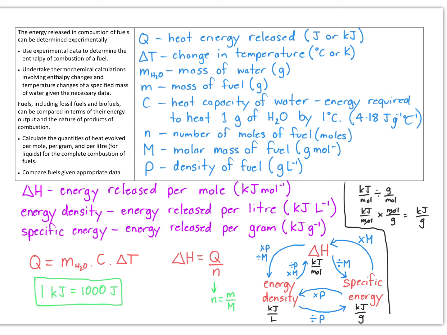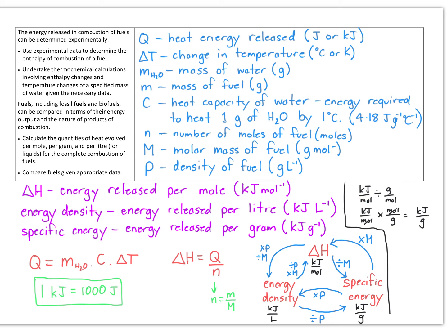If you get confused, I like to go to the units. If we have something in kilojoules per mole and we divide by the molar mass, and remember molar mass is how many grams per mole, so the molar mass of carbon is 12.011, that means 12.011 grams for every mole of carbon.